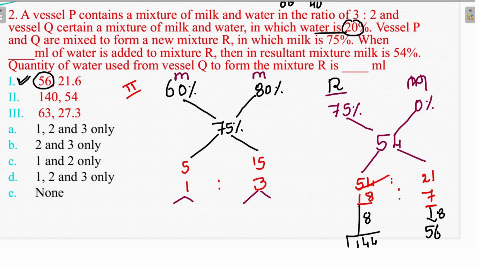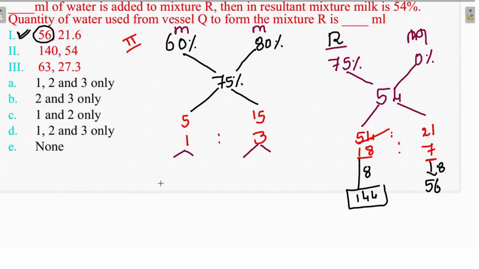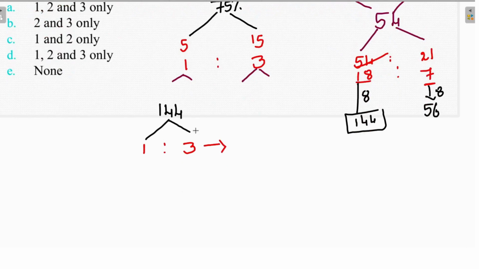Which means in vessel R we have 144 liters of total milk and water. This 144 liters I will take from vessels P and Q: 1 part from vessel P and 3 parts from vessel Q. The final question is how many liters of water we take from vessel Q. Out of 144, I will take 3 parts out of 4 from vessel Q. In this I want water.